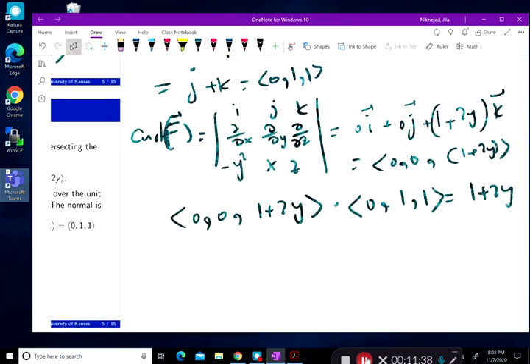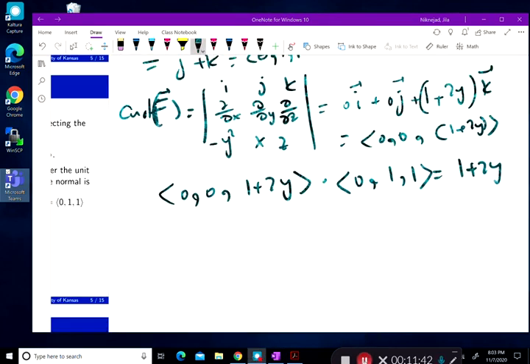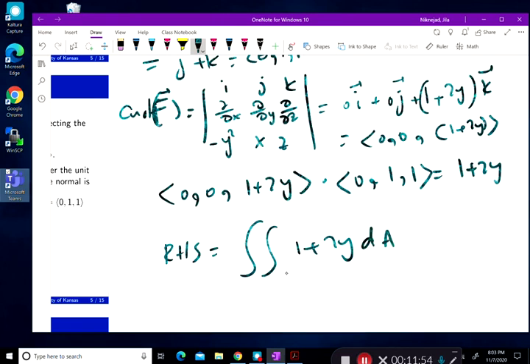Now, if you remember, the right hand side was the double integral of that dot product over the boundary for the parameters. And what were the parameters? The parameters were x squared plus y squared less than or equal to 1.